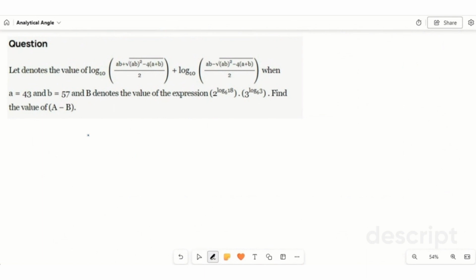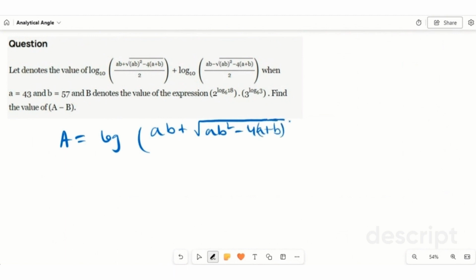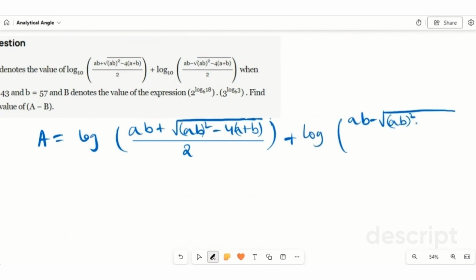So capital A is equal to log of AB plus square root of AB square minus 4 into A plus B, entire thing by 2, plus log of AB minus square root of AB square minus 4 into A plus B, entire thing by 2.